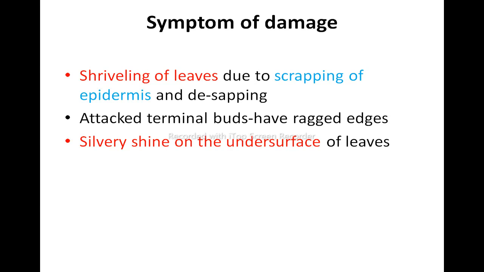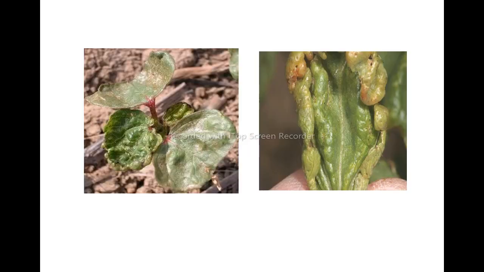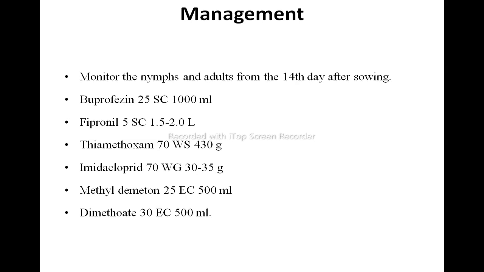And the most important symptom of thrips is that the leaves show a silvery shining appearance on the under surface. In the picture we can see the silvery shining appearance, and in the second picture we can see the shriveled leaves.